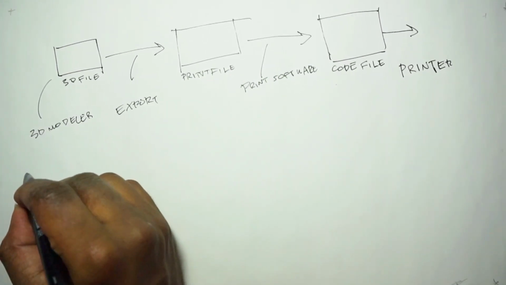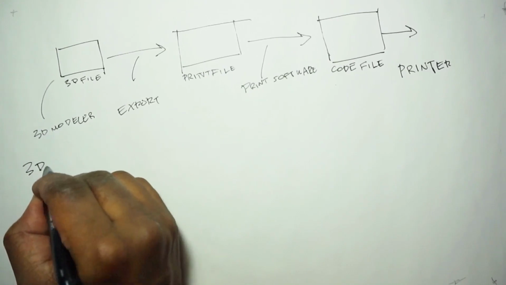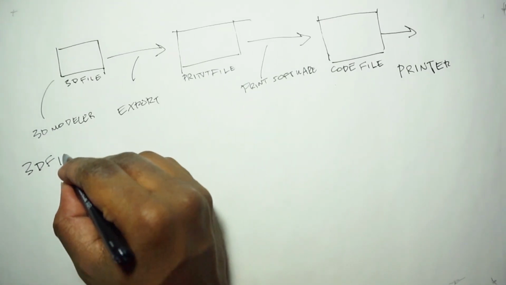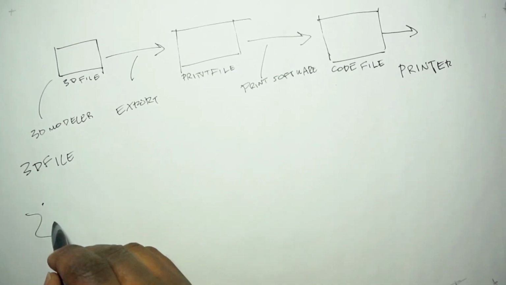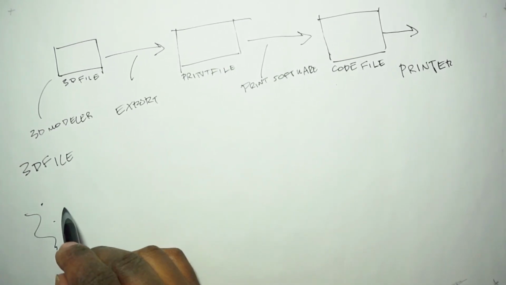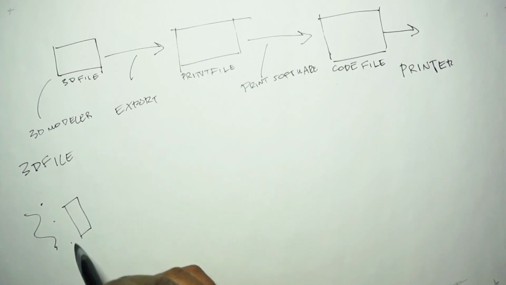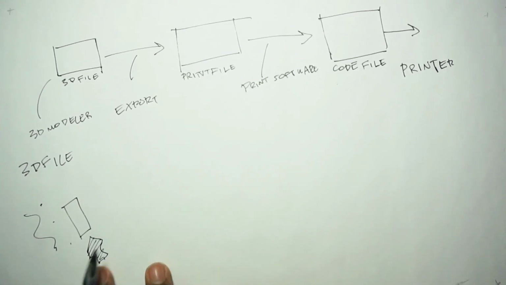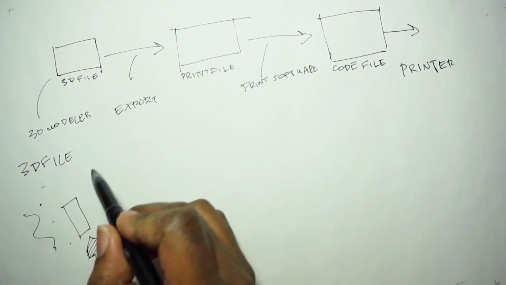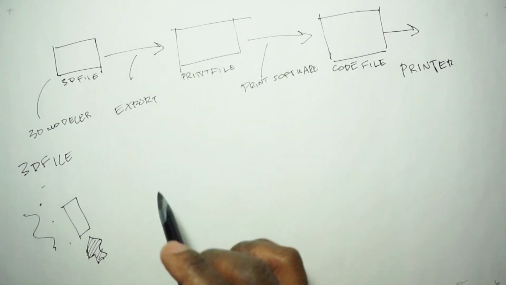So in your 3D file, you have lines, points, and faces. It could be any sort of face, but it's closed, right? So that's not what you can export for a 3D printer.